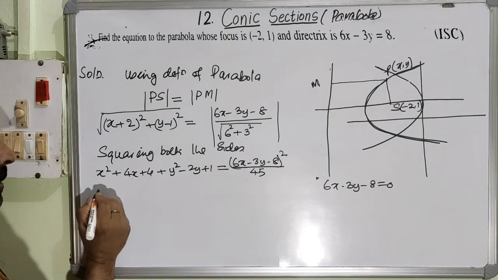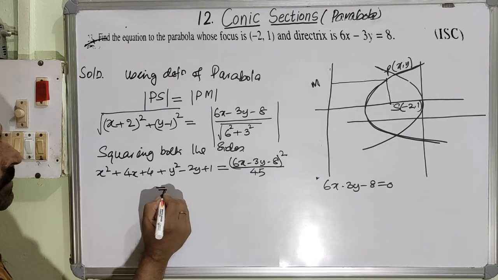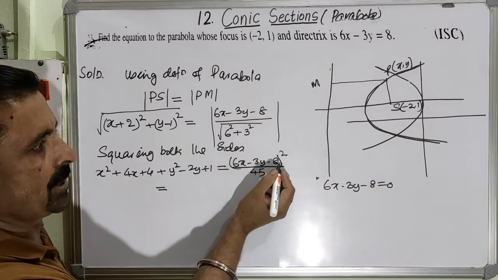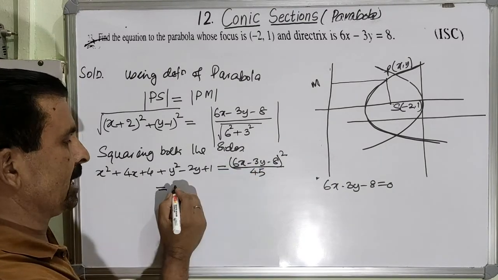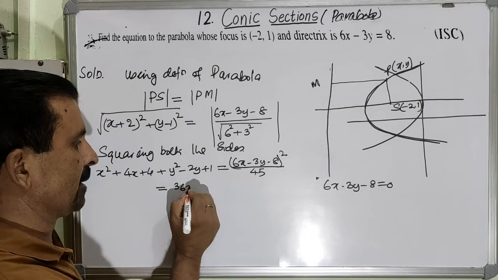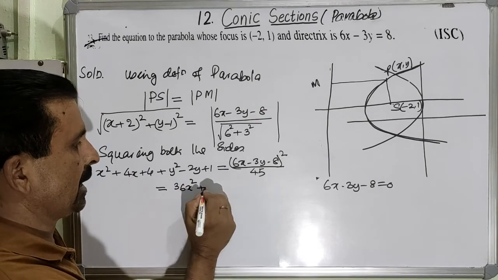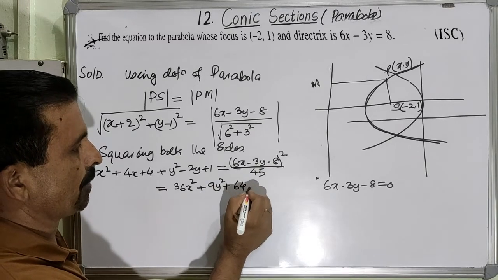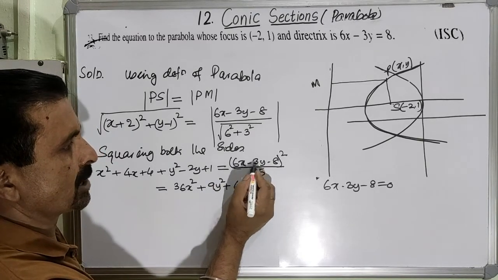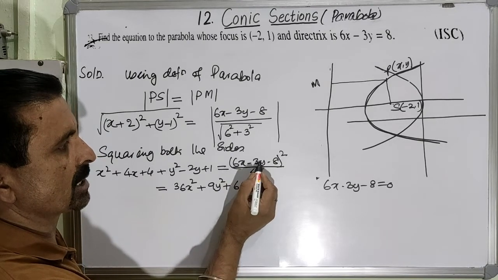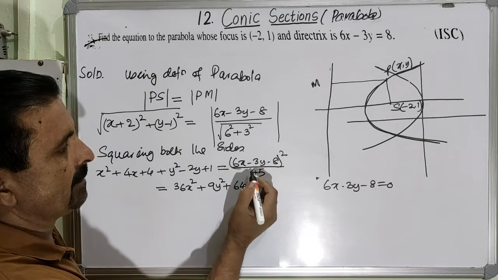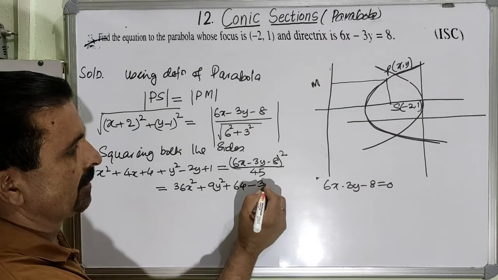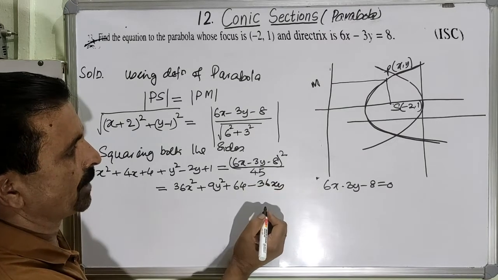Now the left hand side will be as it is, and on the right hand side we are going to apply a plus b plus c whole square. So a square means 36x square, b square means 9y square, and c square means 64. Then minus 2 into this, minus 2 into this, so minus 36xy.